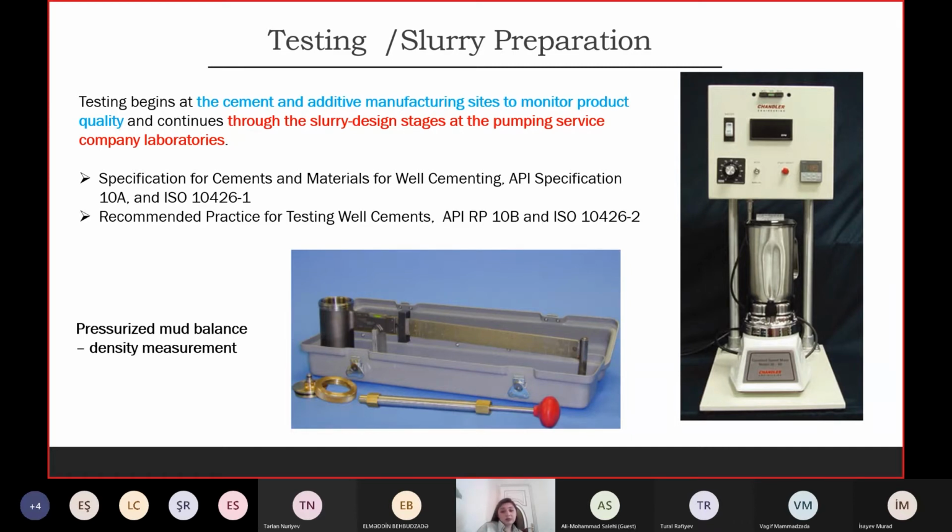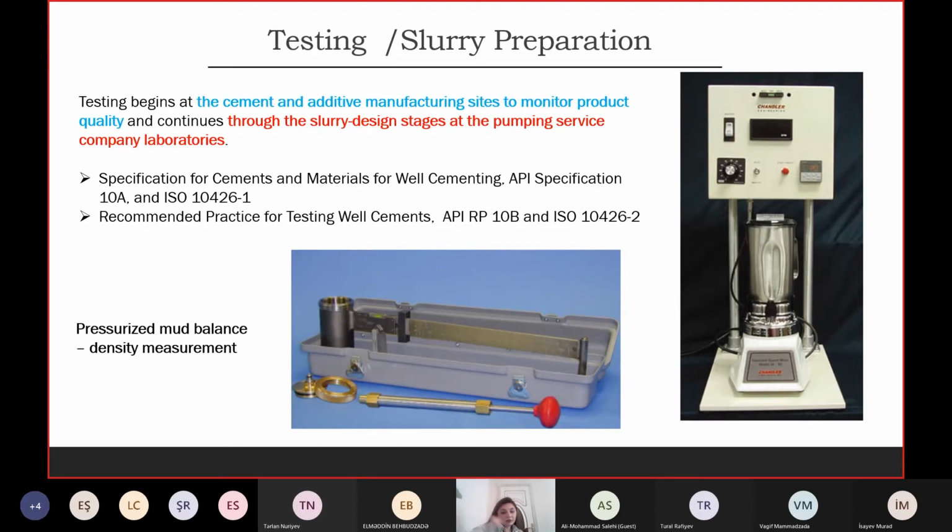Pressurized mud balance density measurement. After you mix, from this one, you switch to this. First, you need to check that you have mixed the right density slurry, and this is the pressurized mud balance. How it works: you add your cement slurry in, you close it, and then you apply some pressure in the pressurized mud balance.